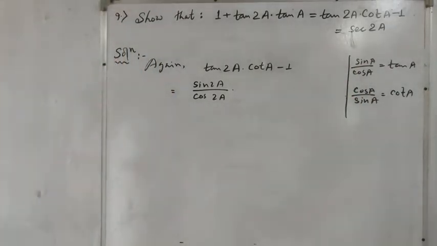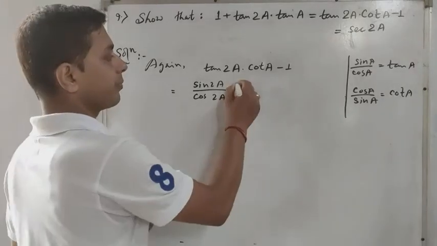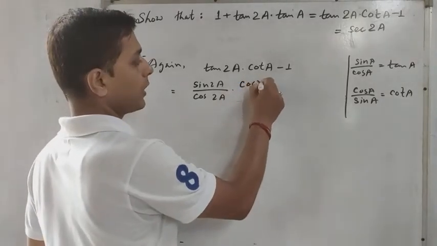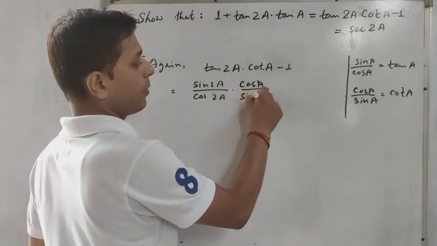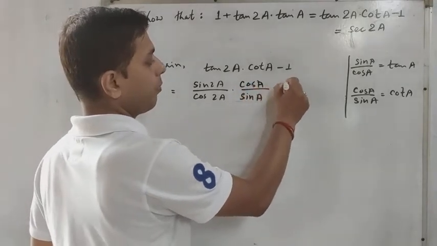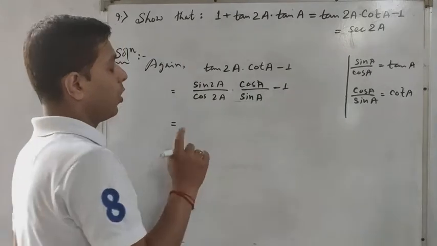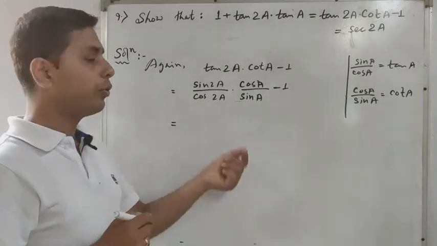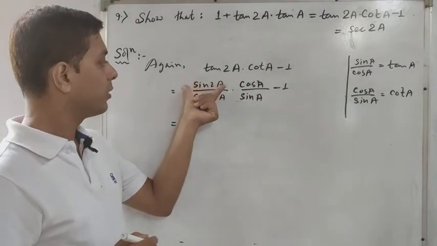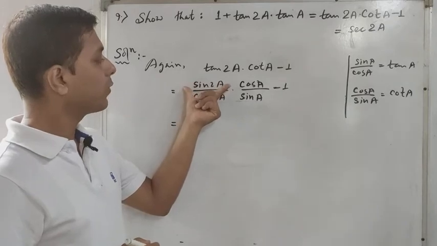So we have written tan twice a is equal to sin twice a by cos twice a. Similarly, cot a can be written as cos a by sin a. Minus 1 is there, let it be. Be careful, you cannot cut sin twice a and sin a.